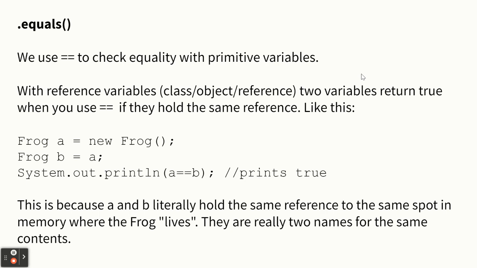So you know how we use double equal signs to check for equality with primitive variables? And I hope you remember that for reference variables, we use dot equals to tell if they're exactly the same. Here's an example. I create a frog A, and then I say frog B equals A. A and B are pointing to the same frog. There's only one frog. So when I use double equals here, it says true because they're literally pointing to the same thing.